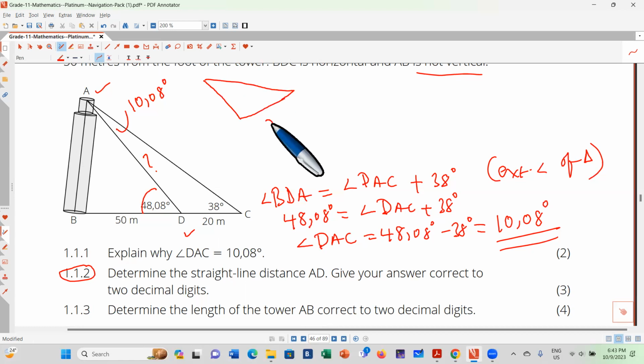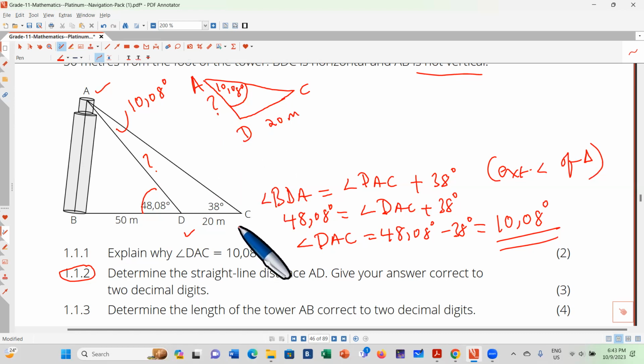And this one is D, the length of D. This one is C. This one is A. You get the point. Right, so with that said, we're interested in finding AD here.